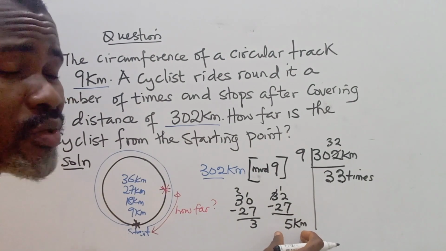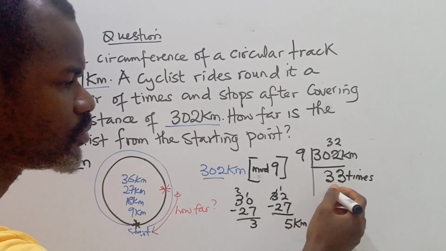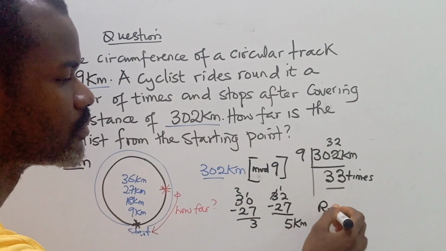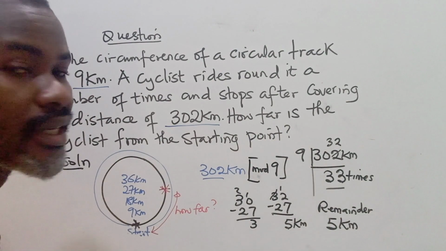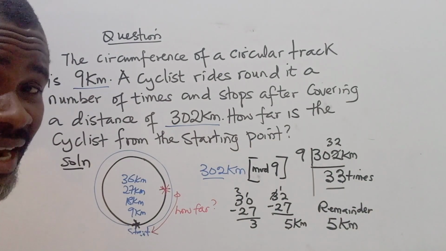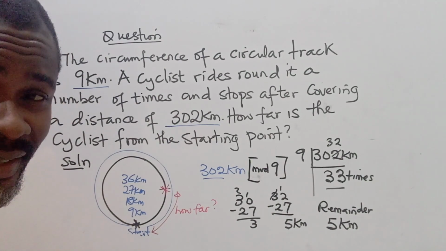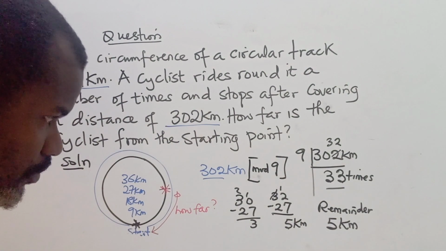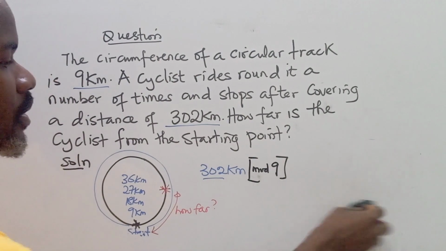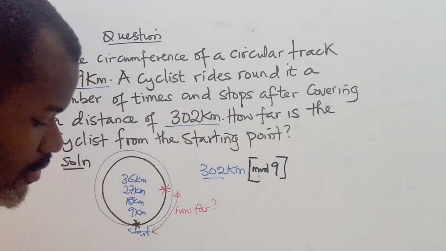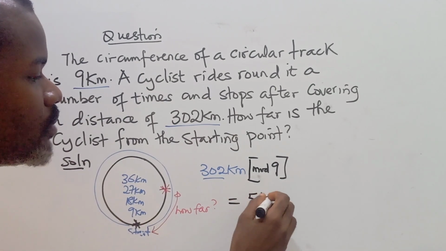So remember in modular, whatever you divide, the remainder becomes the answer in that modulo. 302 kilometers in modulo 9 will give us simply 5 kilometers.